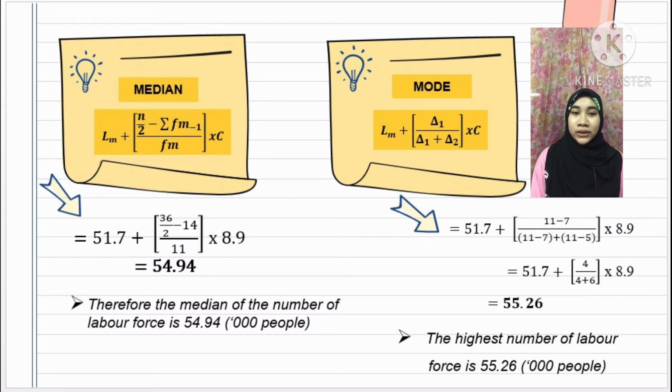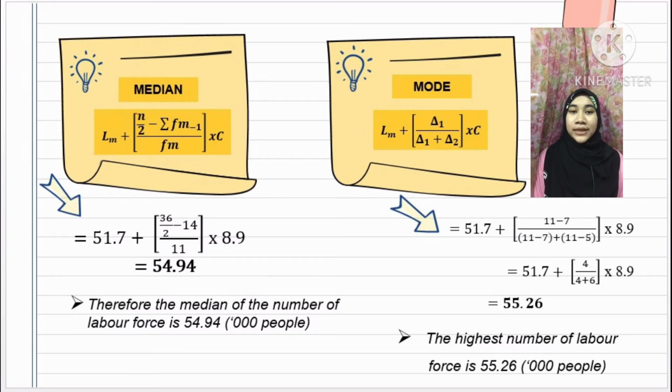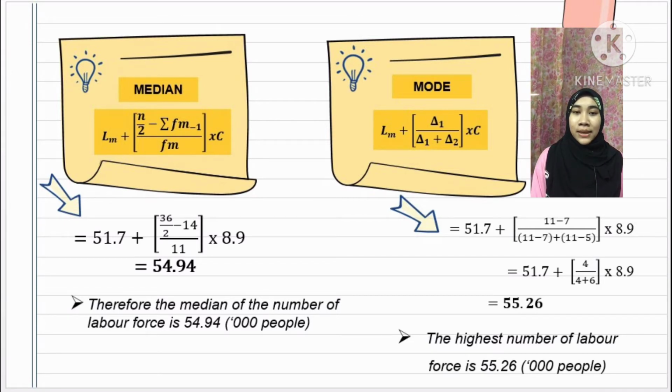The calculation of the mode based on the formula is 51.7 plus bracket 11 minus 7 divided by 11 minus 7 plus 11 minus 5 close bracket multiplied by 8.9. Because it has a bracket, we must calculate the bracket first.